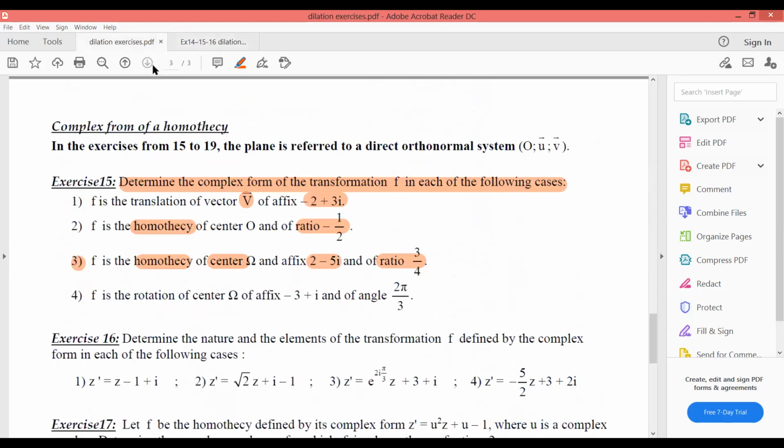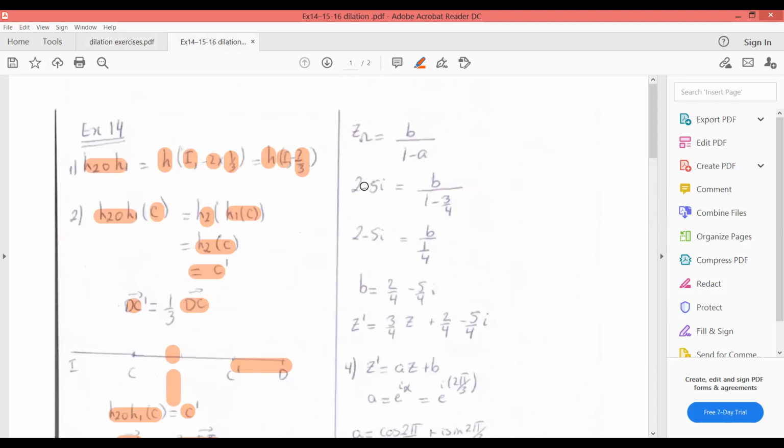The center omega is 2 minus 5i. So I put 2 minus 5i equals B over 1 minus k, or a. 1 minus 3/4 is 1/4. Then B equals 2/4 minus 5/4i by cross multiplication.